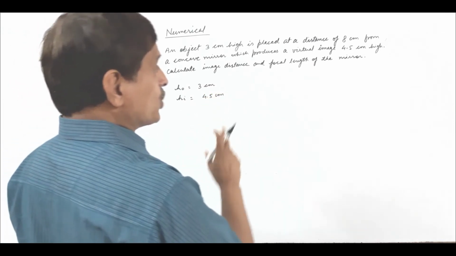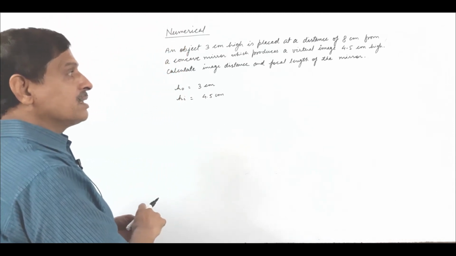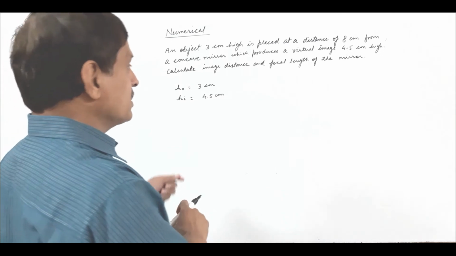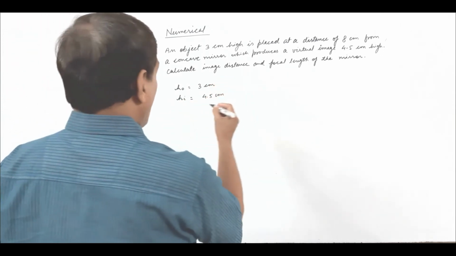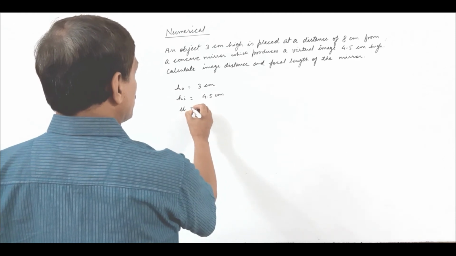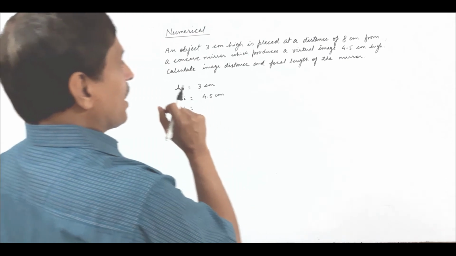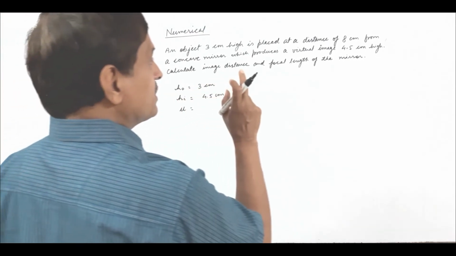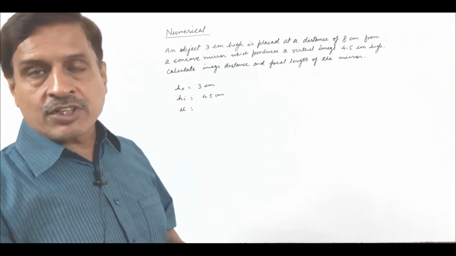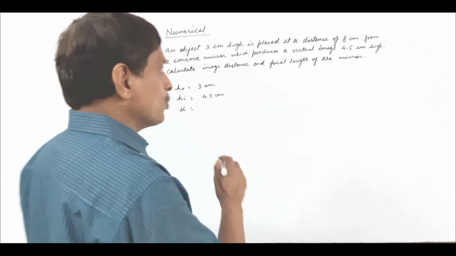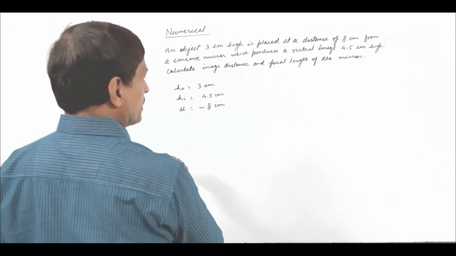Because the image is virtual image and virtual images are erect images, so by sign convention height of image is positive. Object distance u is 8 centimeter as object is placed on the left side of the mirror. So by sign convention object distance is taken to be negative. So it is minus 8 centimeter.